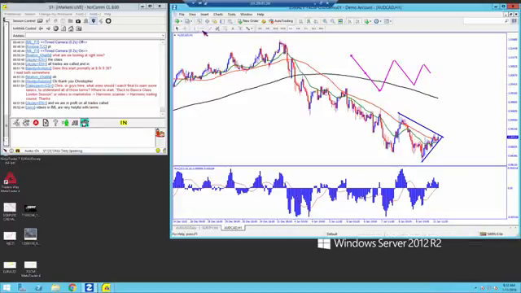So when you look at a triangle, you want to make sure you have multiple data points. You want to have at least two data points on each side. Let me just stretch this out a little bit. For instance, something like that.